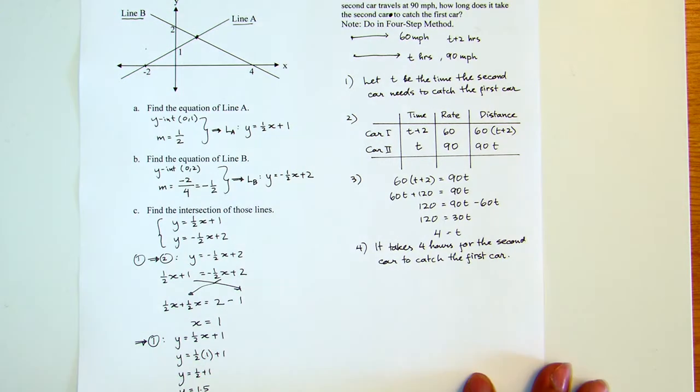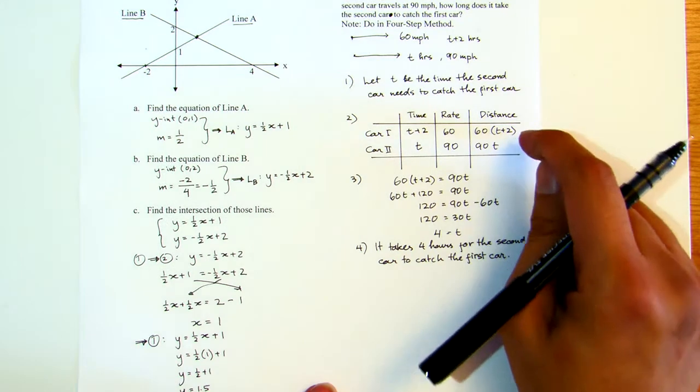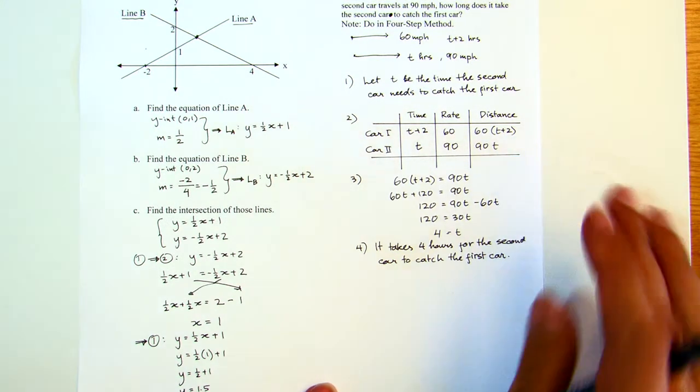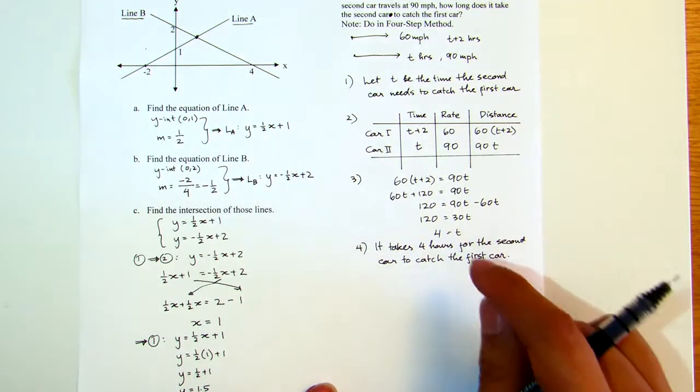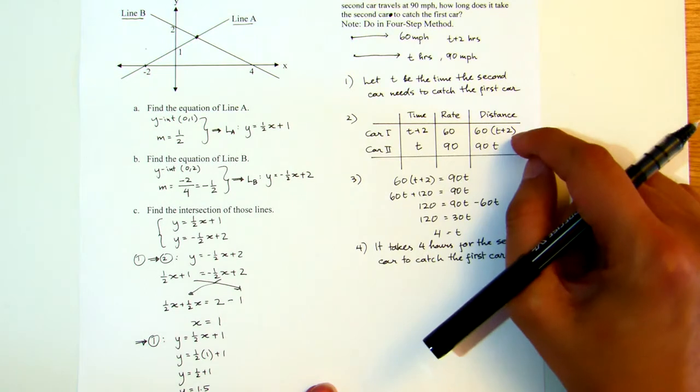Now, we are done with this question, but let me go on a little bit further. At times, the question is indeed not how long it takes the second car to catch the first car, but instead, how far has the first car traveled or the second car traveled when they meet. Now, if you have that kind of question, the way you do it will be actually the same. You find the time first, and then from there you plug this time into the distance.